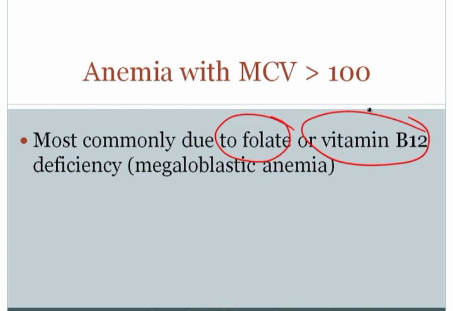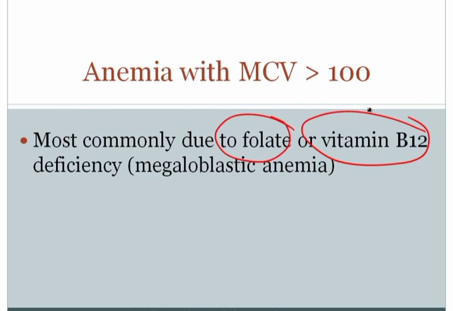Remember from biochemistry that both folate and vitamin B12 are necessary for the synthesis of DNA precursor molecules. And if folate or vitamin B12 is deficient, we won't be able to generate appropriate DNA precursor molecules. A decrease in DNA precursor molecules is going to lead to an inability of the cell to divide one extra time, which is then going to lead to a large red blood cell, or a macrocytic red blood cell.